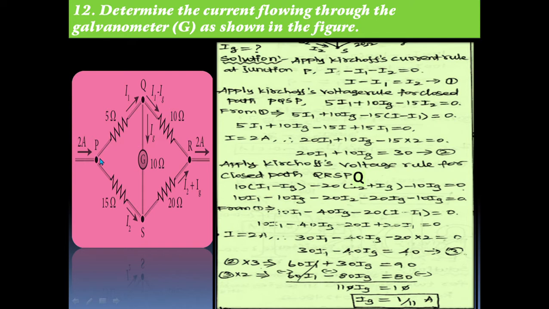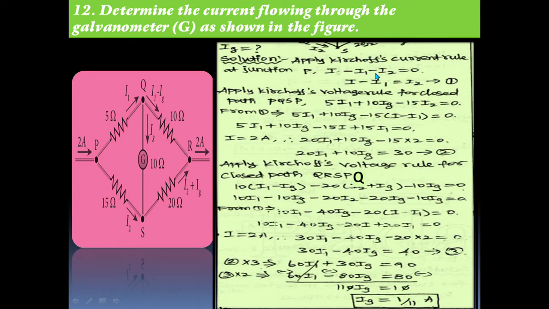Here at junction P, there are 3 currents. One is the current I, 2 ampere, entering the junction. Then I1 and I2 are both leaving the junction. The equation can be written as I, which is entering the junction, positive, minus I1 because it is leaving the junction, then minus I2, because the I2 current is also leaving the junction.